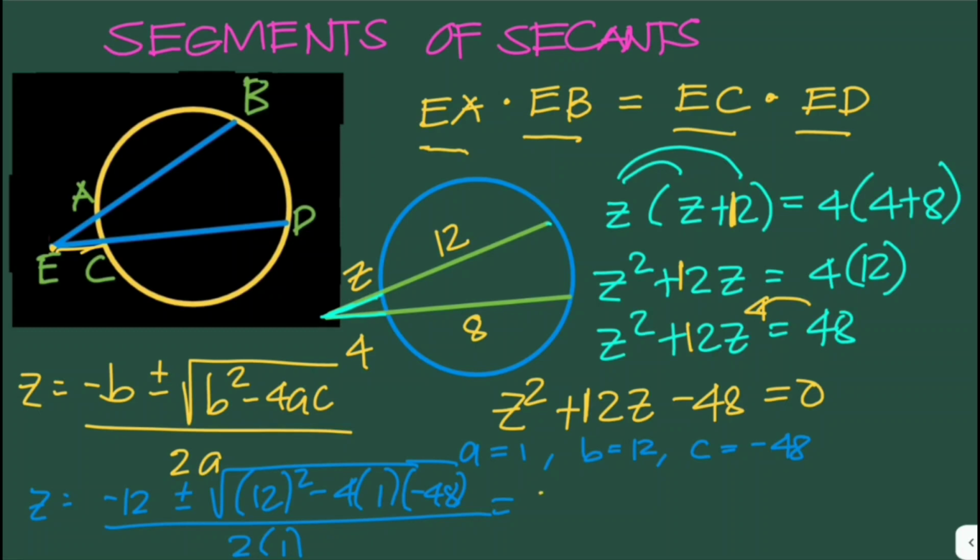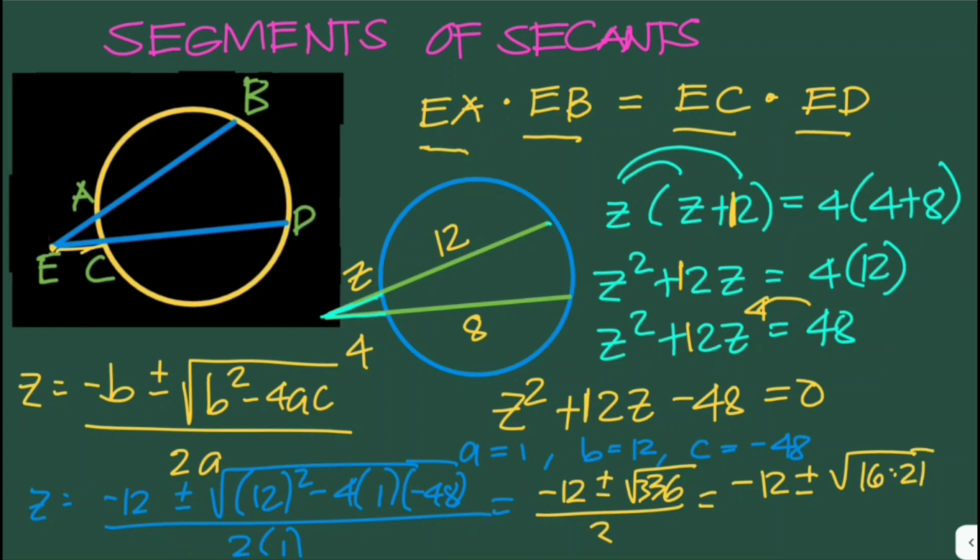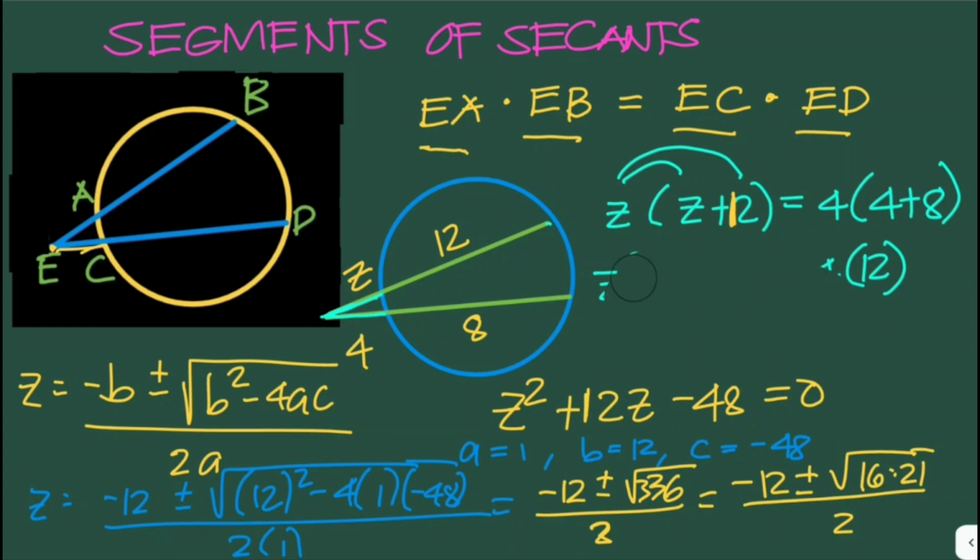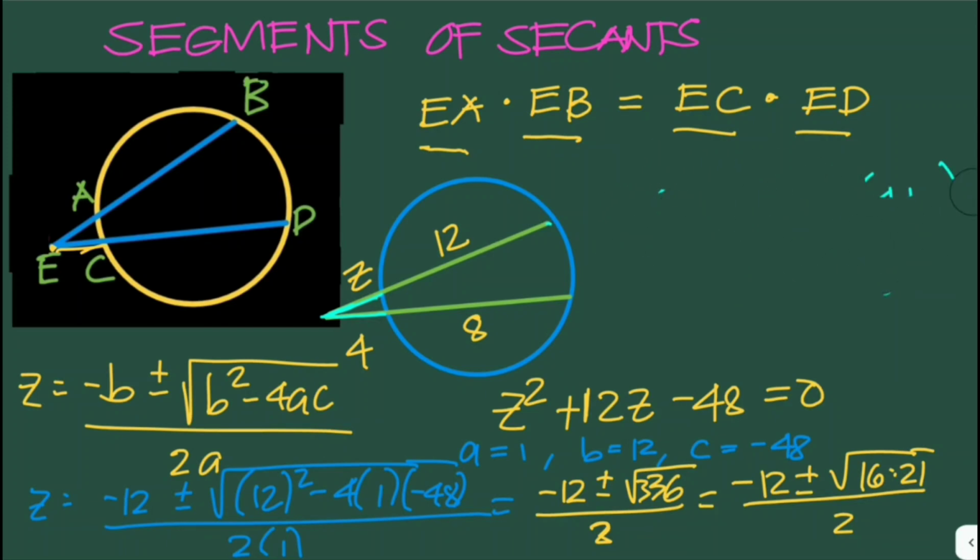So this is just equal to negative 12 plus minus square root of 336 over 2. And then we can write 336 as the square root of 16 times 21 over 2. And 16 is a perfect square. So z is just equal to negative 12 plus minus square root of 16 times 21 over 2.